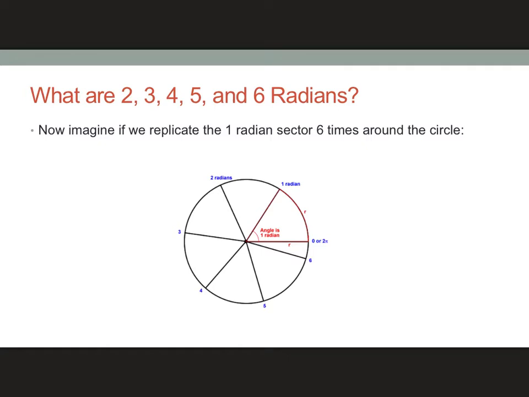Continuing to work our way around the circle, 2 radians is approximately 115 degrees, 3 radians is approximately 172 degrees, 4 radians is approximately 229 degrees, 5 radians is approximately 286 degrees, and 6 radians is 344 degrees. The problem is none of these numbers are particularly interesting. For this reason, angles are rarely measured in radians using whole numbers.